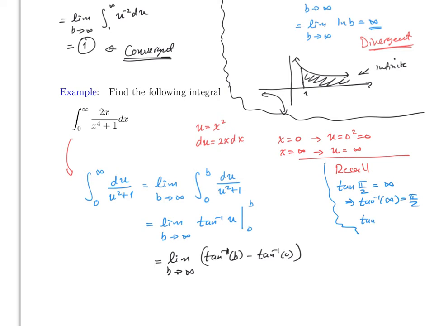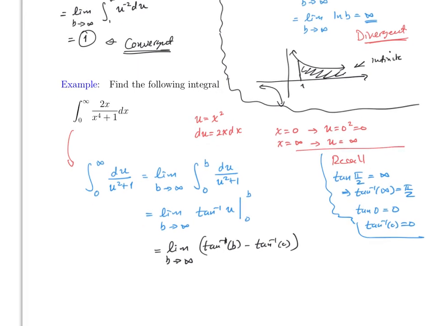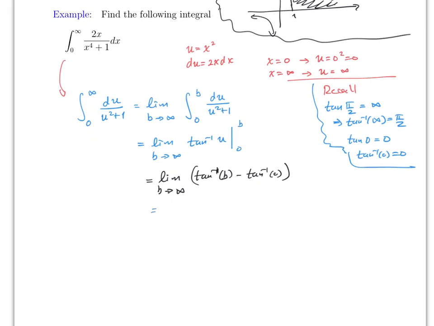Also remember the tangent of 0 is equal to 0, which means that tangent inverse of 0 is 0. So in our case, this limit has to be pi over 2, and this one is 0, so the answer is pi over 2. That's it.